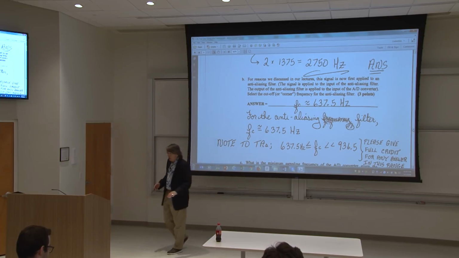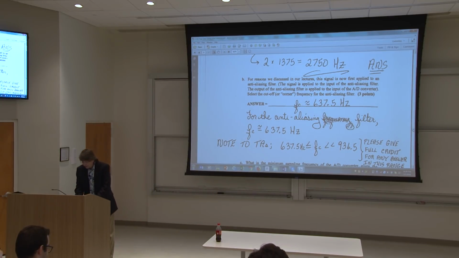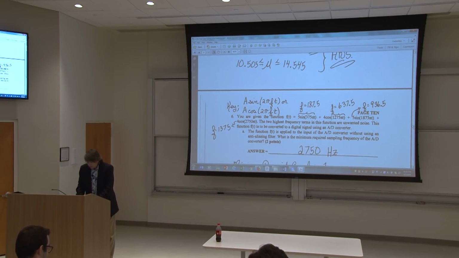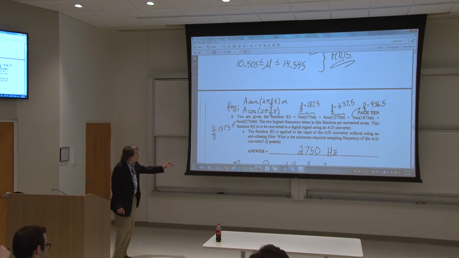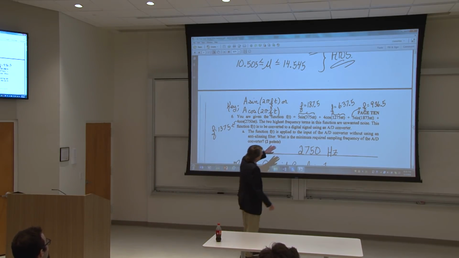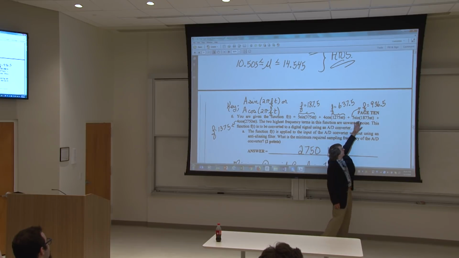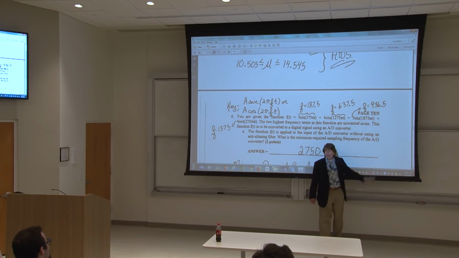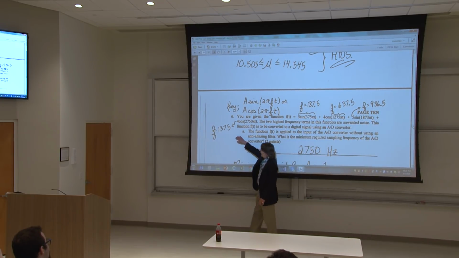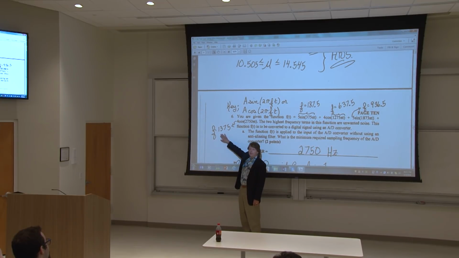The top 2 terms are noise. So I want to get rid of this term that has a frequency of 936.5, and this term that has a frequency of 1375.